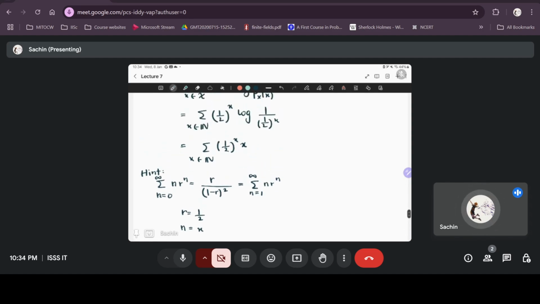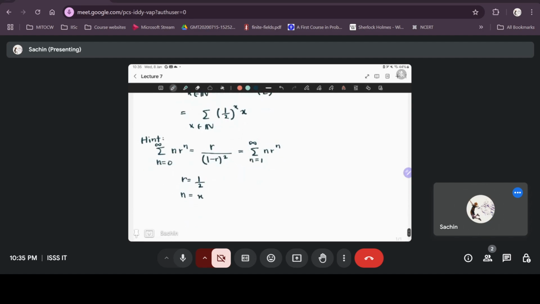So we are using the variable x, and the formula uses the variable n, but it's the same summation. Therefore, H of X is r over (1 minus r) whole square, which is half over half square, which is 2 bits.